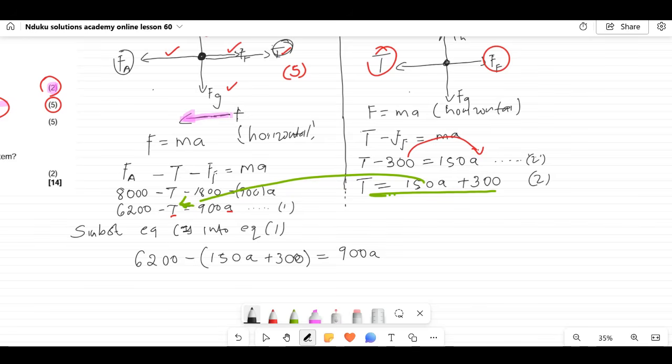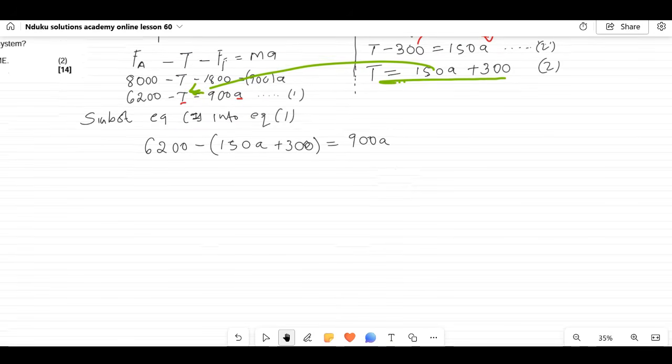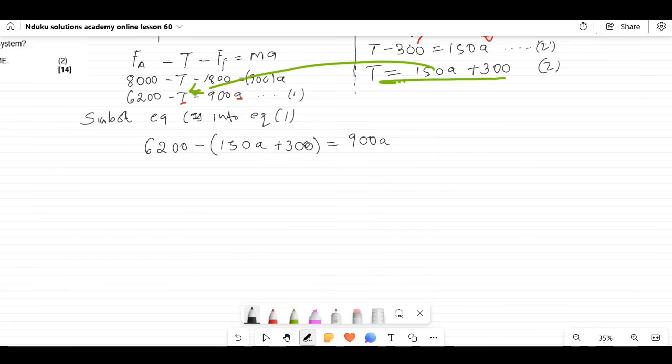Let me just go a bit down for some space. And then we're simplifying. Simple algebra. So we have 6,200. Hope you can see it. Negative multiplied by positive, negative 150a. We're dealing with that bracket.